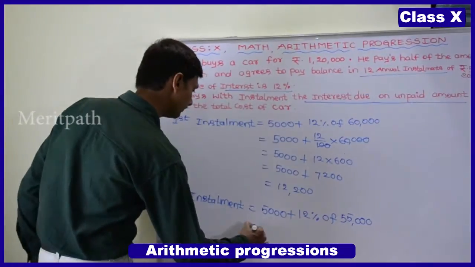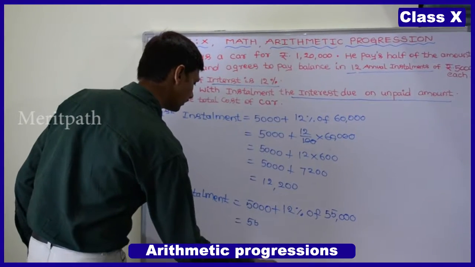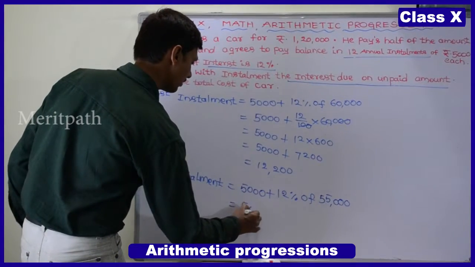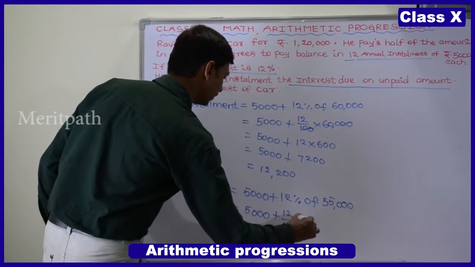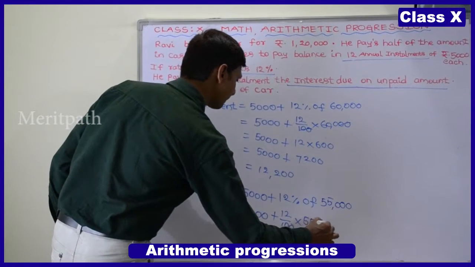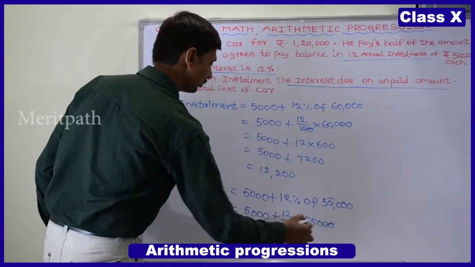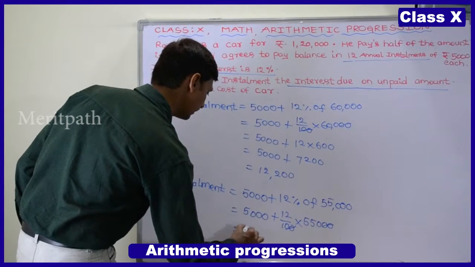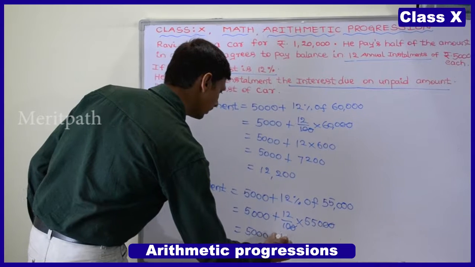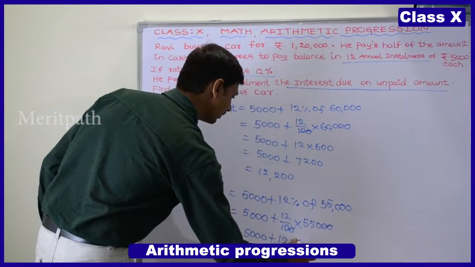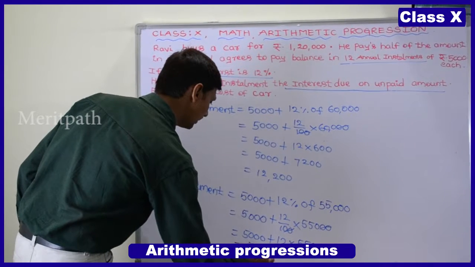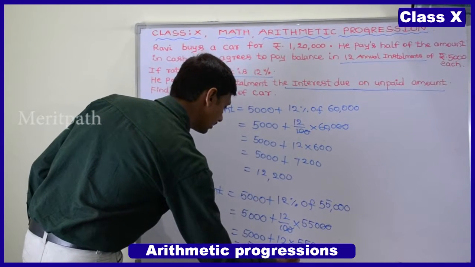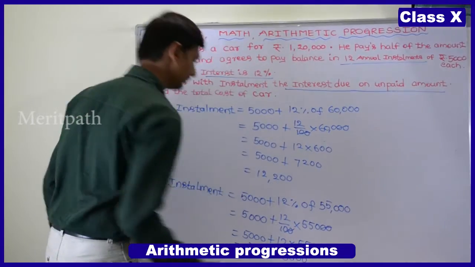So 5,000 plus 12 by 100 into 55,000, two zeros are cancelled, 5,000 plus 12 into 550, 5,000 plus 6,600.